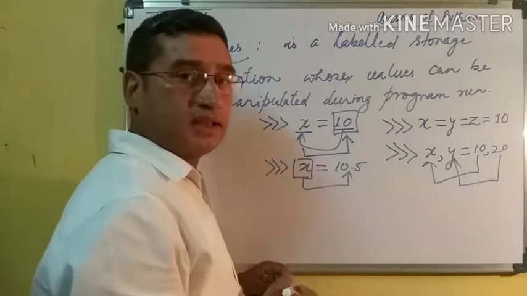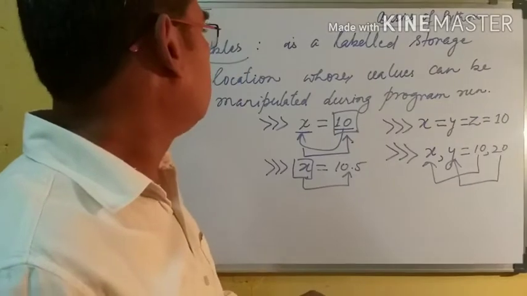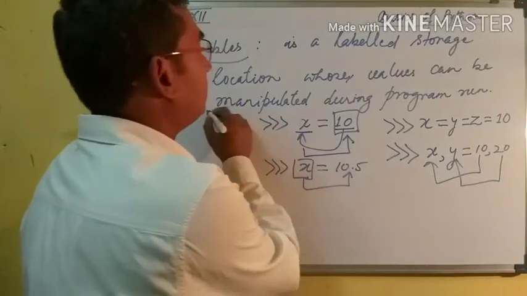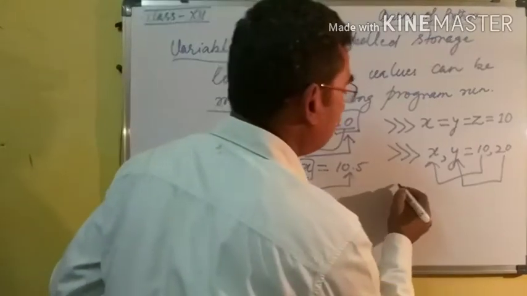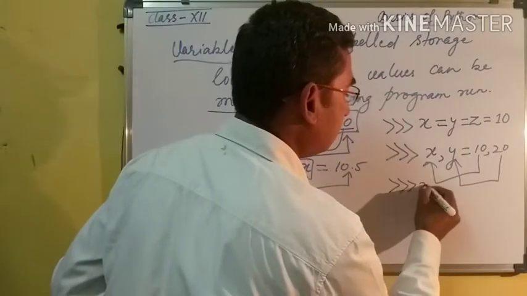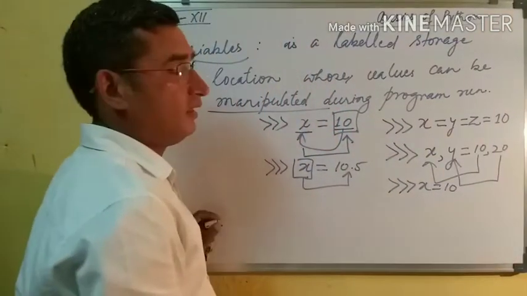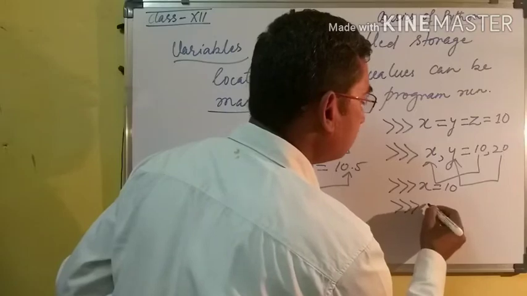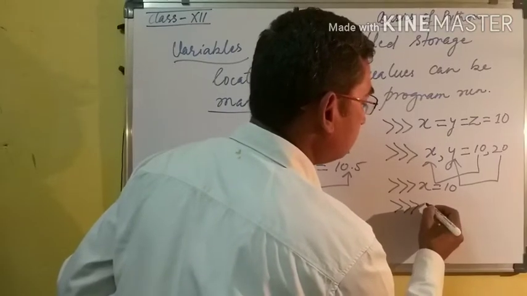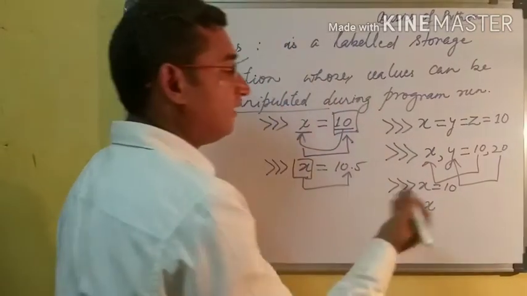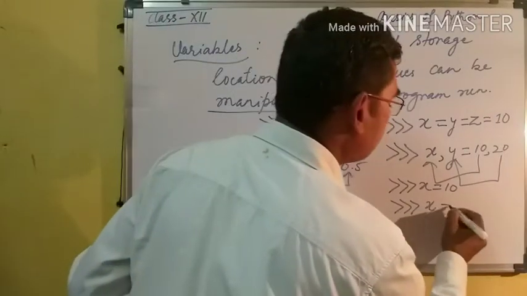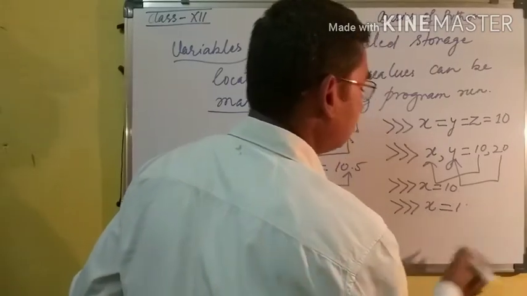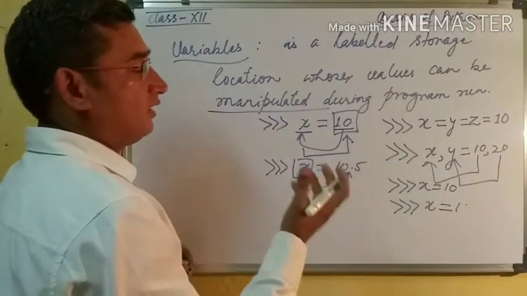A variable is basically a labeled storage location, as I told you, whose value can be manipulated during program run. Manipulated during program run means if the value of x equals 10, then you can change the value and you can manipulate it.